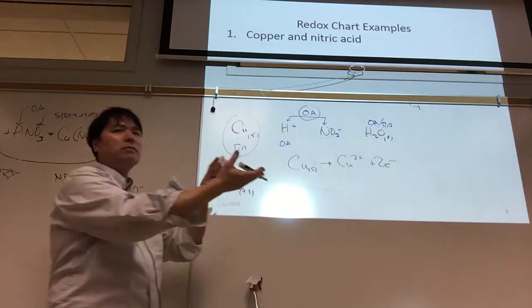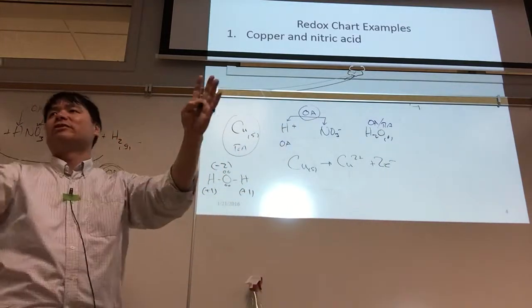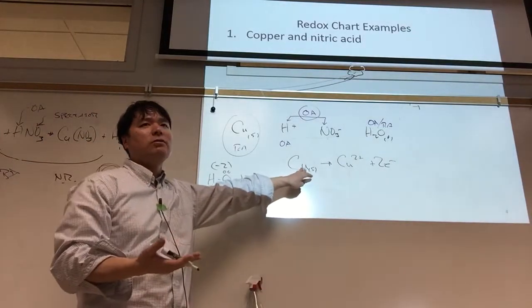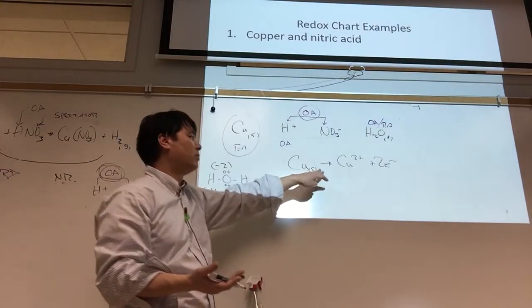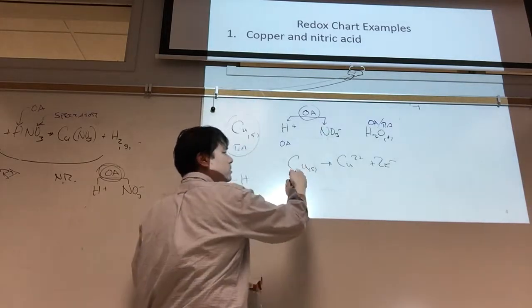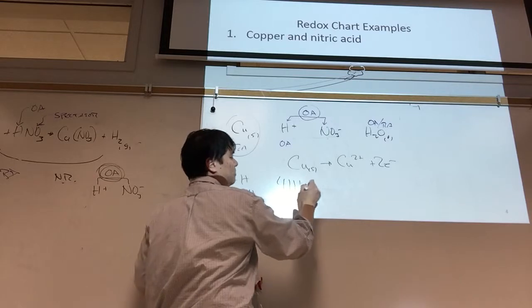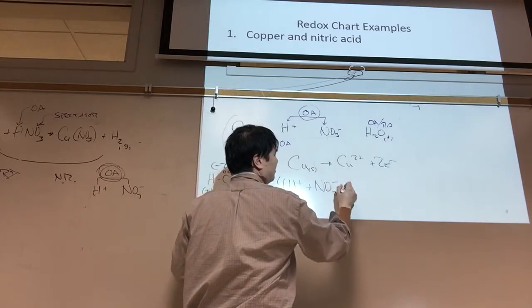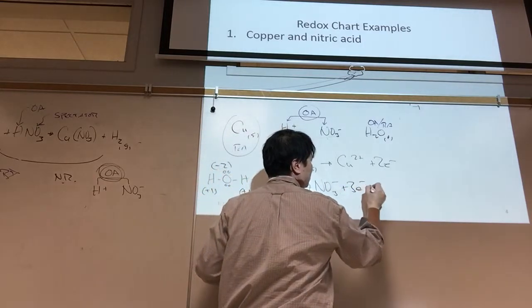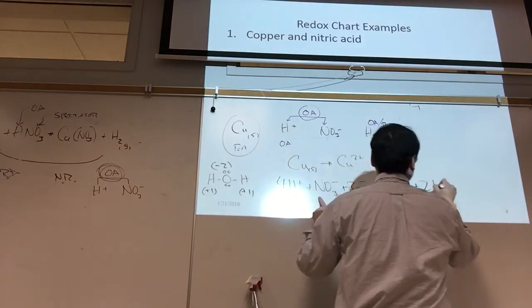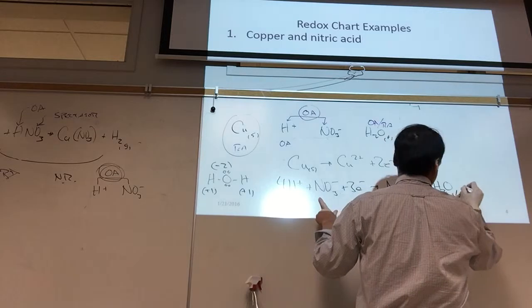I took the reaction off the chart and just reversed it. Because I don't have copper 2, I have copper metal, so I go backwards. I write it forwards because copper is my reactant. And the other reaction is 4H+ plus nitrate plus 3 electrons yields NO gas plus 2H2O liquid.